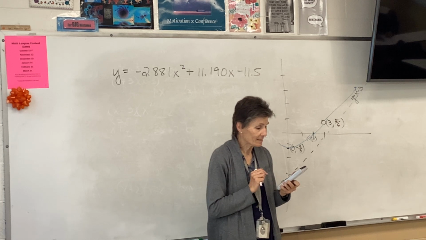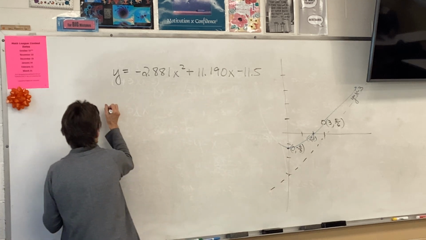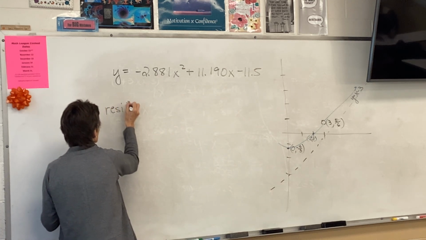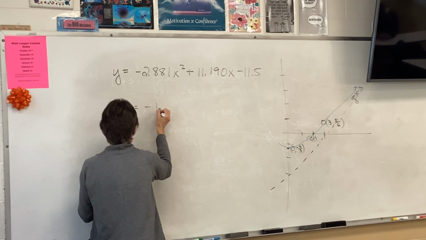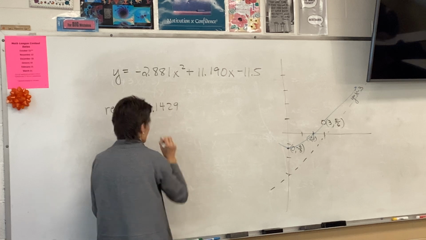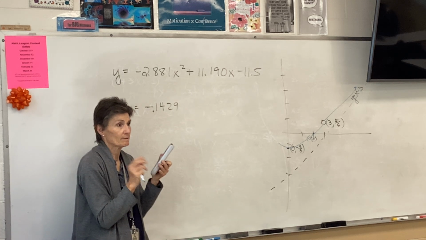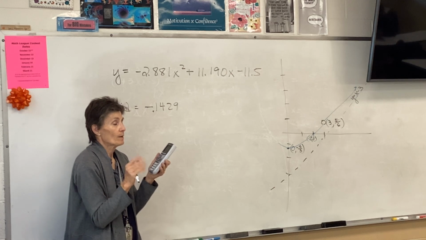Which is, I got negative 0.1429, is that what it is? Negative 0.1429. Am I okay there? Is that all right? Okay.